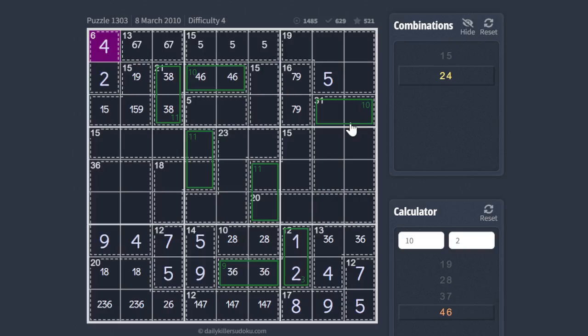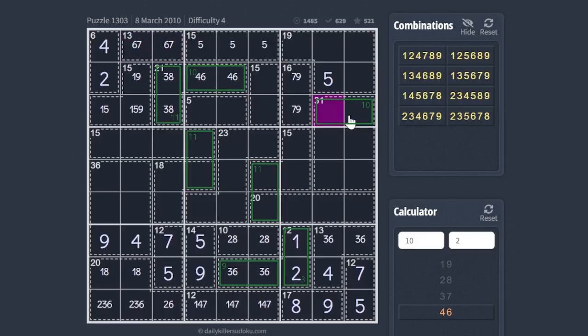6, 6. Okay. Now we have 6 here, 6 here. It forces the 6 down here into this. We know this is a pseudo 10 cage, so this is also a 4, 6 pair, and the 4 here helps us resolve.